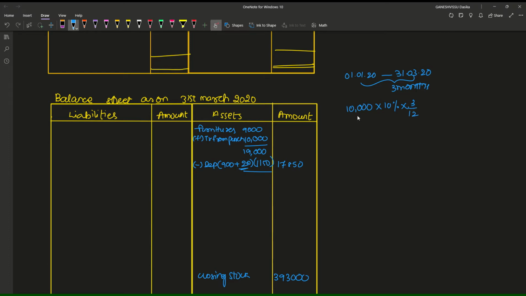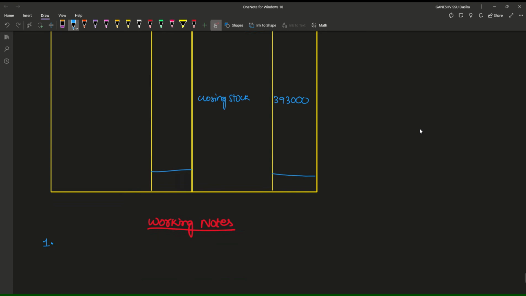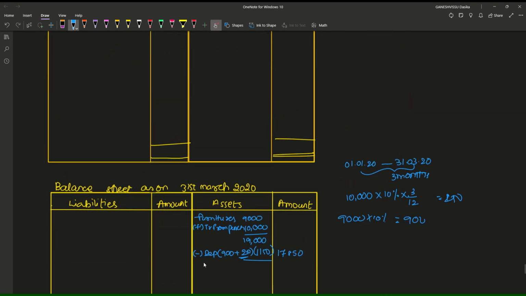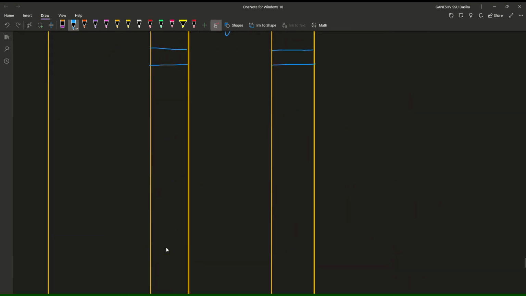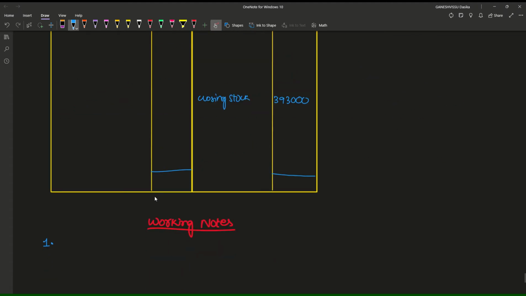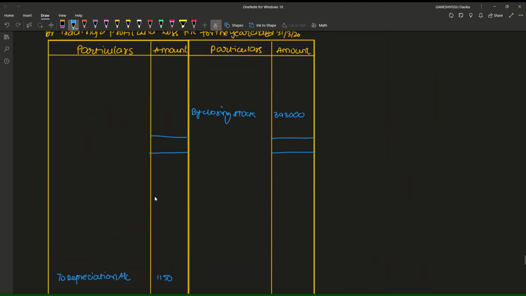If we calculate with the calculator, we get 250, and for 9,000 into 10%, which is 900 rupees. This is the value of depreciation, right? So we can debit to profit and loss account, to depreciation 1,150. That is what we have found.